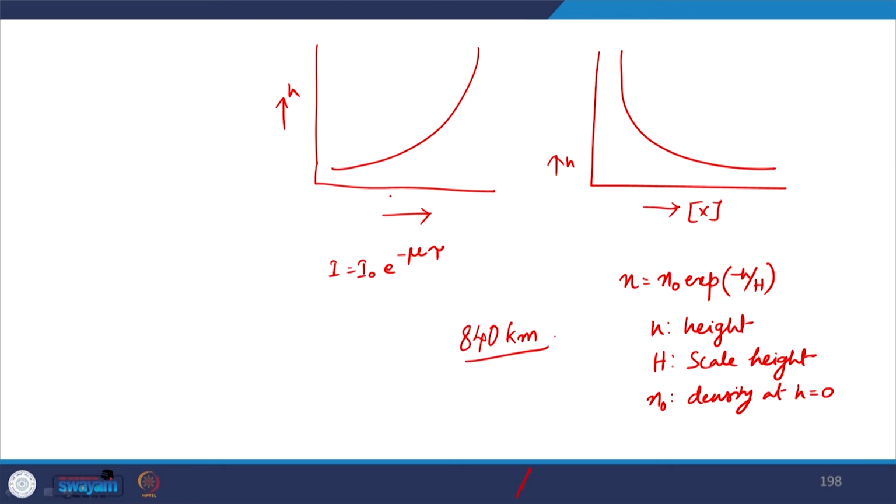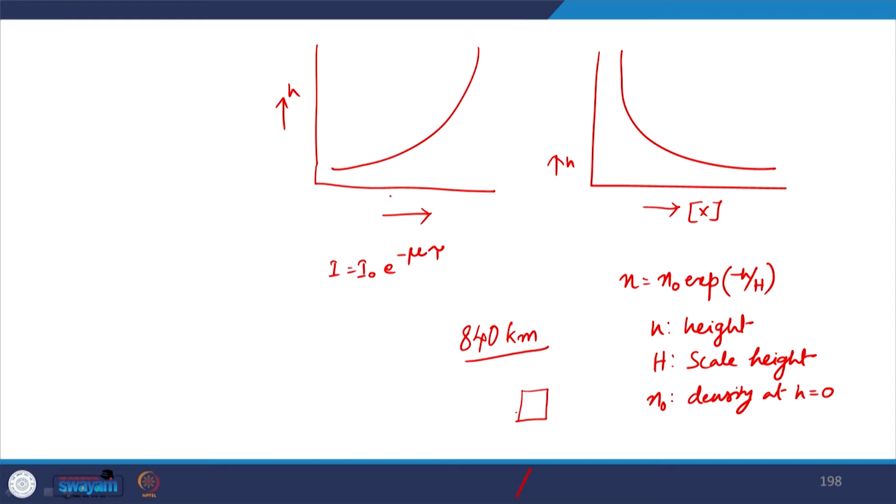Even if there are, the typical mean free paths will be several hundreds of kilometers, so any one molecule will not come in contact with another for several hundreds of kilometers. If you think of the number of atoms that could exist in a cubical volume of 1 meter cube, you will realize it is 0, right.